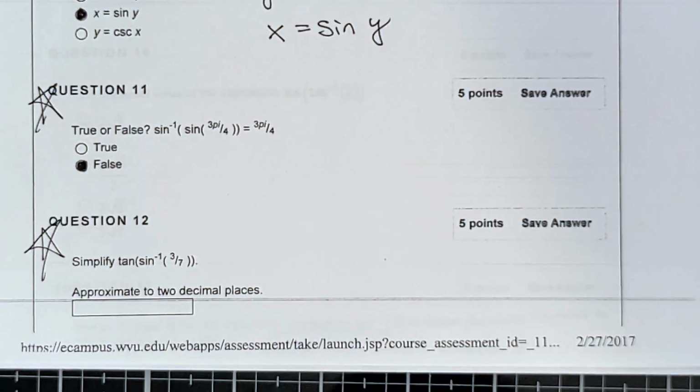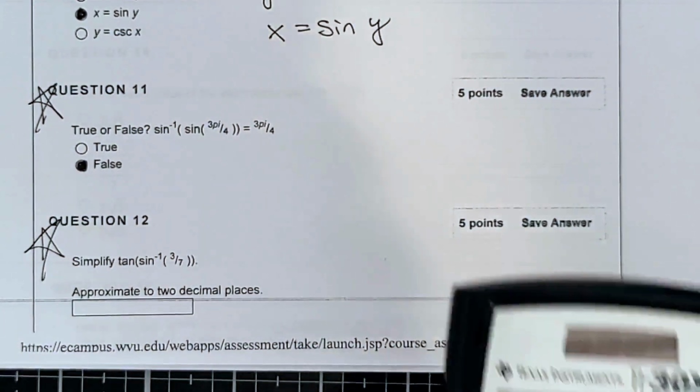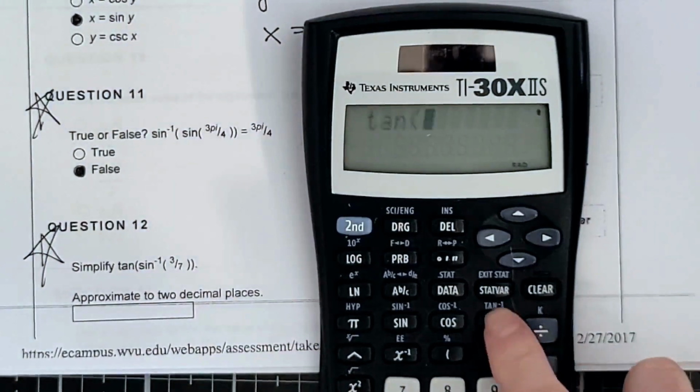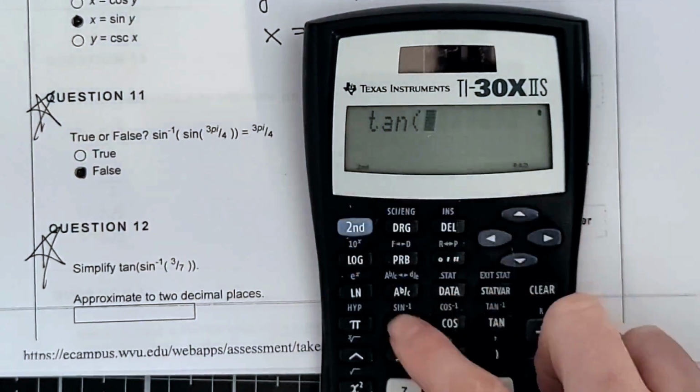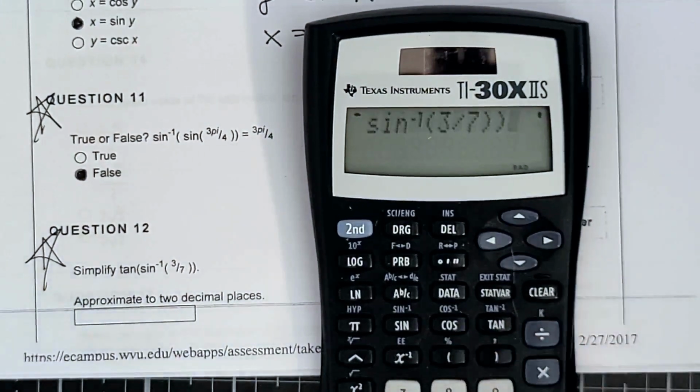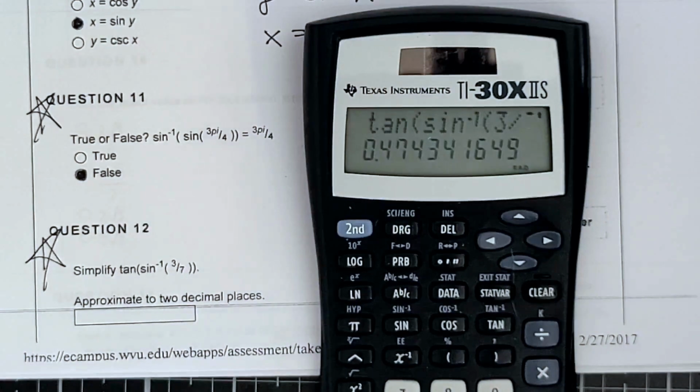Okay, question 12. Simplify. Tan sine inverse of 3 over 7, approximate to 2 decimals. This is definitely easier if you just use your calculator. So tan sine inverse 3 divided by 7, and I get 0.47.